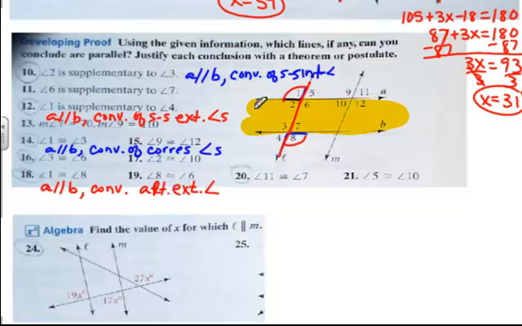Okay, last one is number 20. Erase this. Angle 11 and angle 7. I've got to find angle 11 to find angle 7. Man, I don't even have a line that connects them. There's no line that connects them.